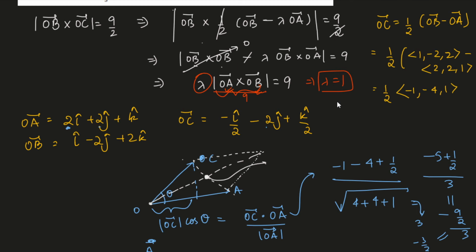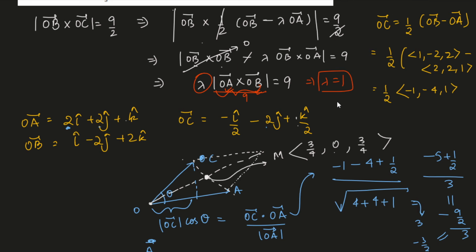So this midpoint, this M right here, is basically the midpoint between A and C. So the midpoint between A and C is equal to 2 minus half, that is 3/2, 3/2 over 2 is 3/4. Then 2 minus 2 is 0, 0/2 is again 0. And 1 plus 1/2 gives you 3/2, so that's 3/4.